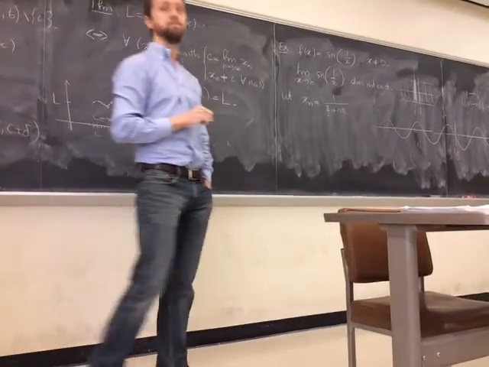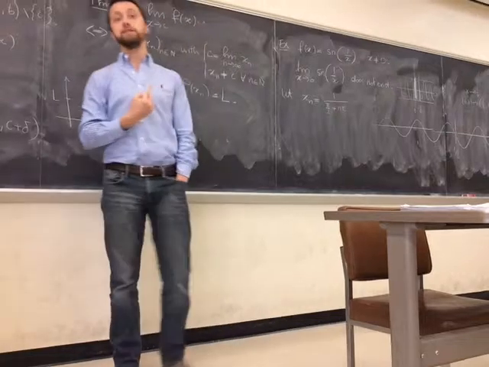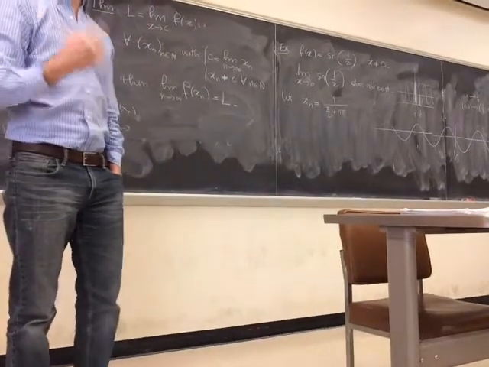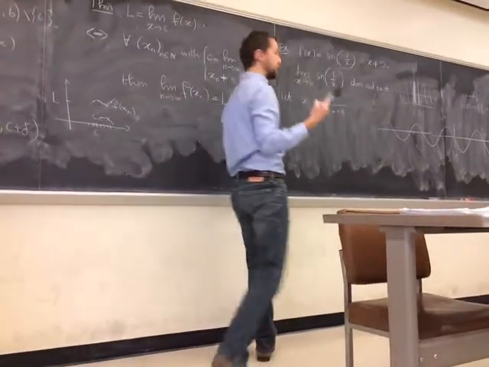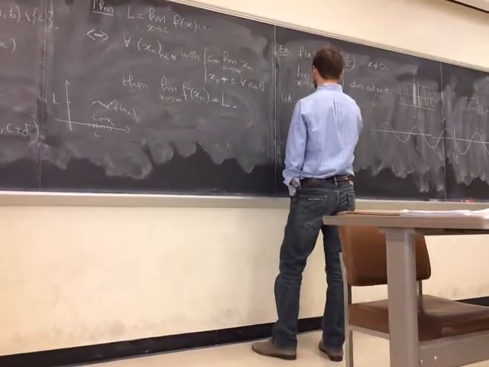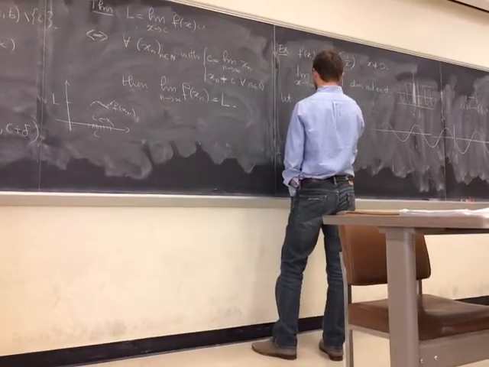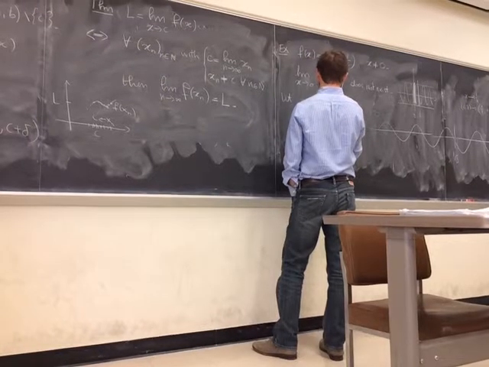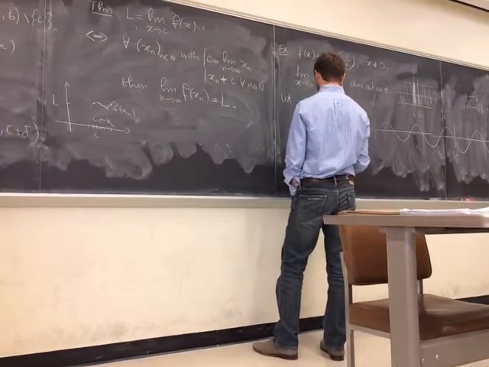This is a sequence that goes to 0, right? Easy. So the limit as n goes to infinity of x_n is definitely 0.